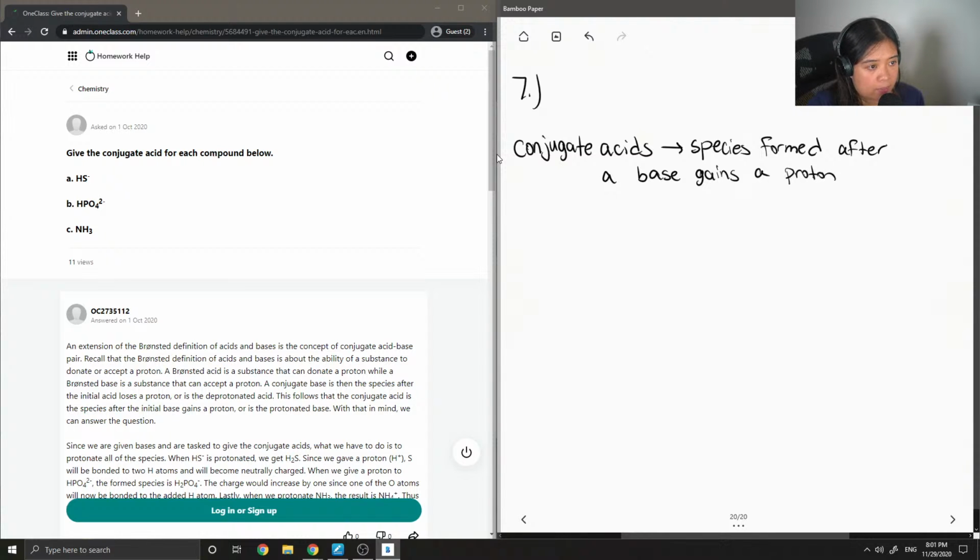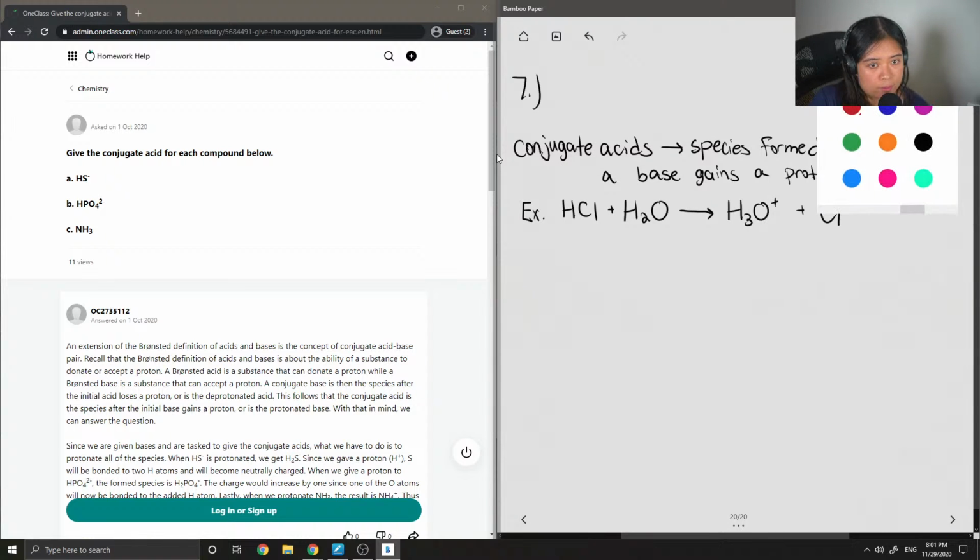So let's just have an example of this. Okay, so let's say we had HCl plus water makes H3O plus, Cl minus. So in this example, HCl is an acid.